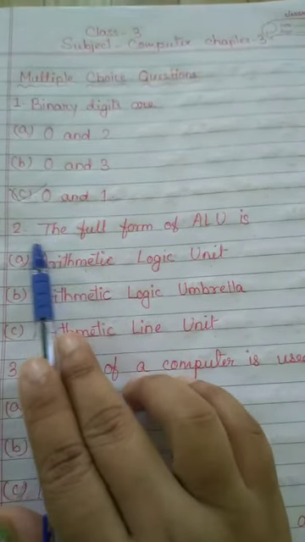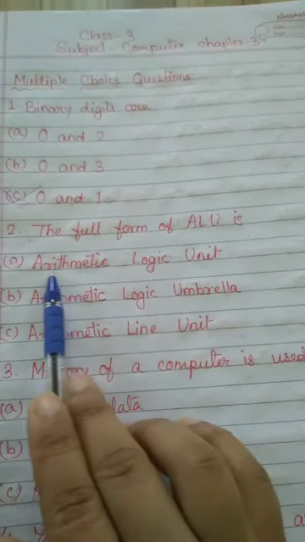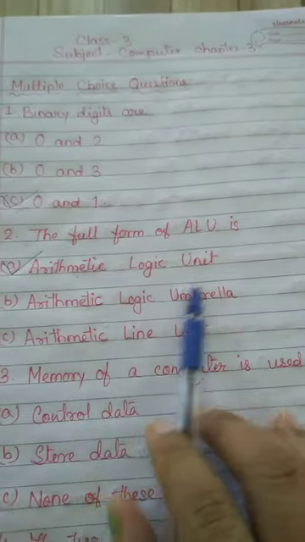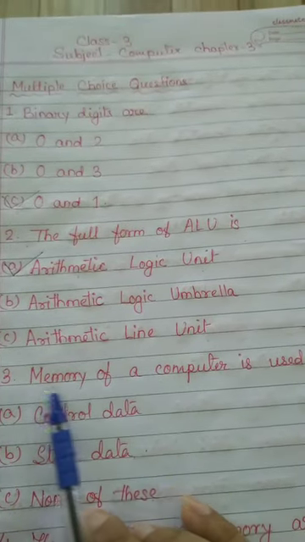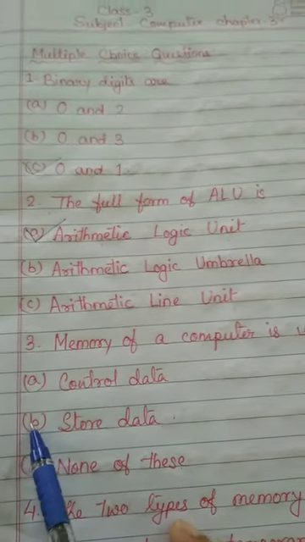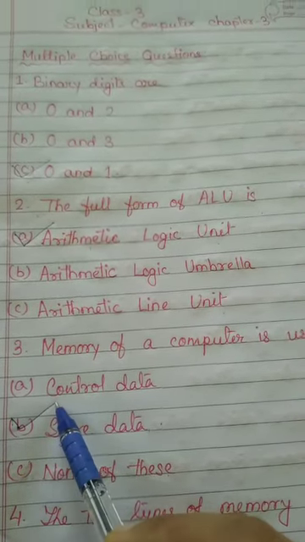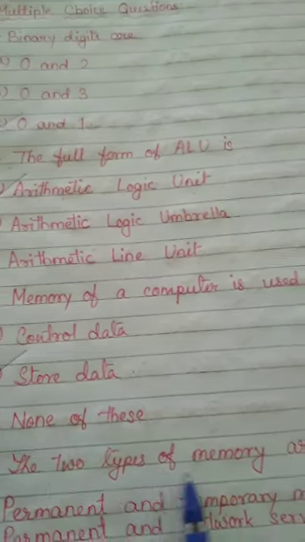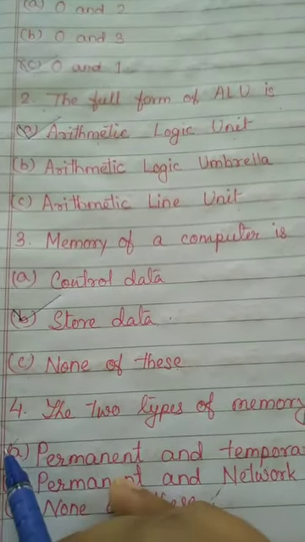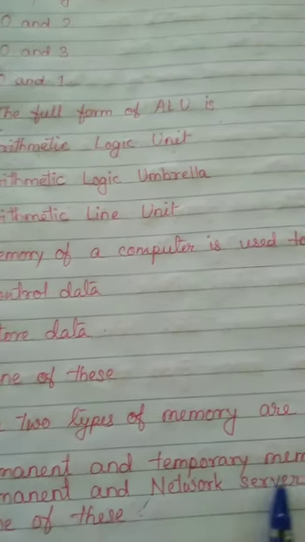Okay, number 2, the full form of ALU is arithmetic logic unit. Option A is correct. Memory of a computer is used to store data. The two types of memory are permanent and temporary memory.